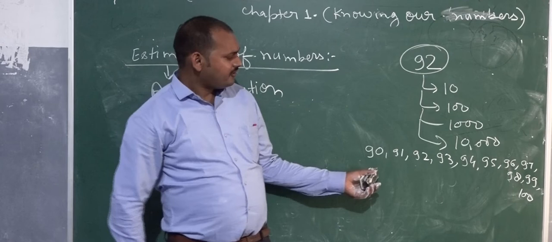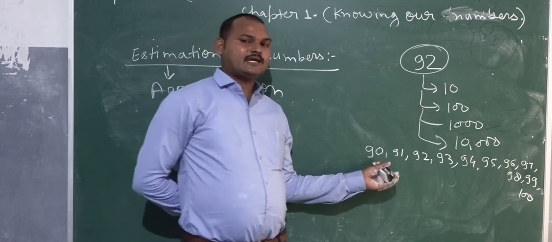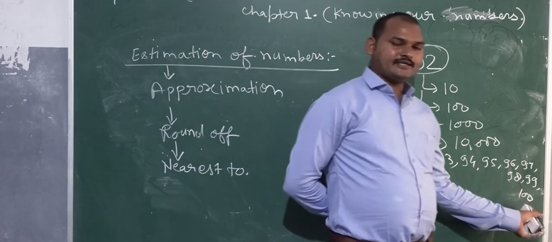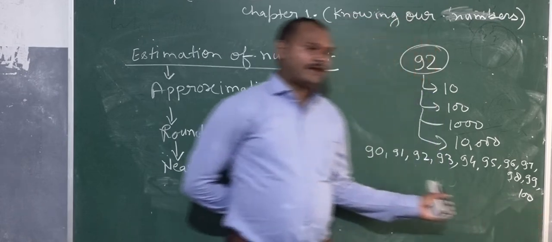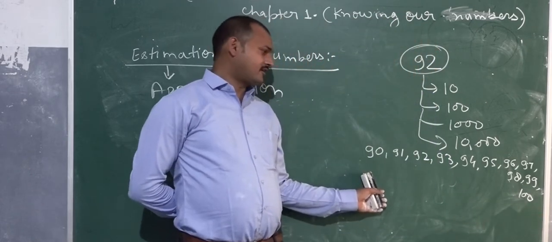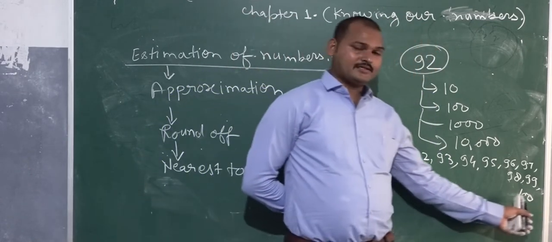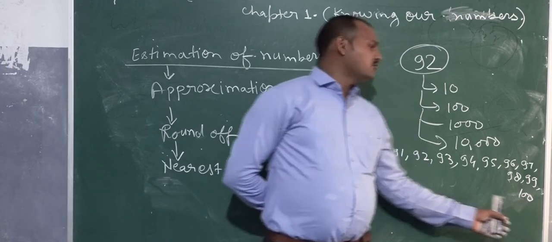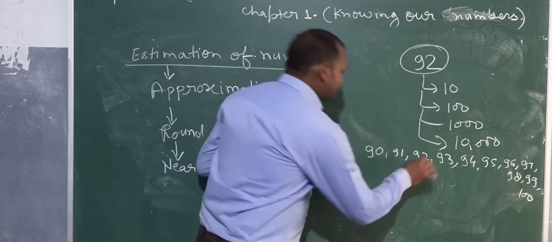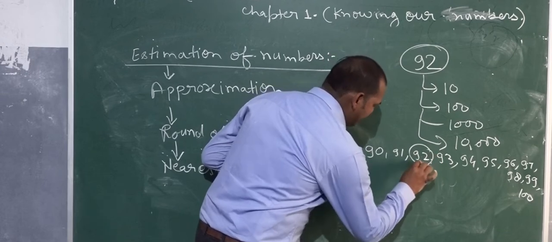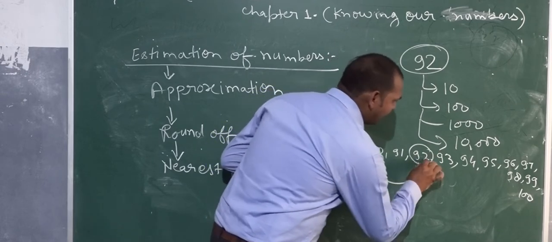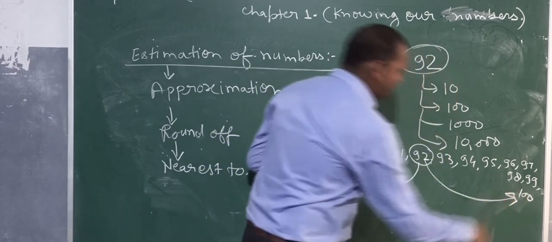Here we got 10 tens are 100 and 9 tens are 90. Here we got 10, one here and the other. So which is the nearest? 92 is nearest to 90 or 92 is nearest to 100.